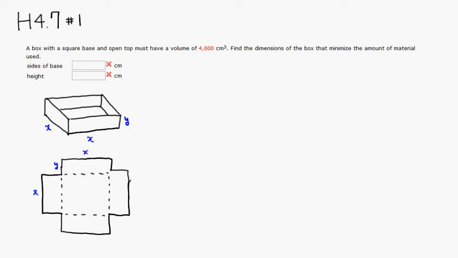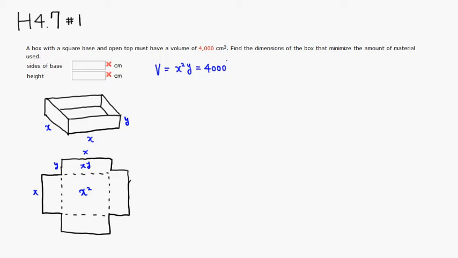Then we know that the bottom piece is x by x, so the area is x squared. And each side piece is going to be x times y, so it's just xy. Right? So the volume requirement: the volume is x times x times y, so it's x squared y, which is kept at 4,000.